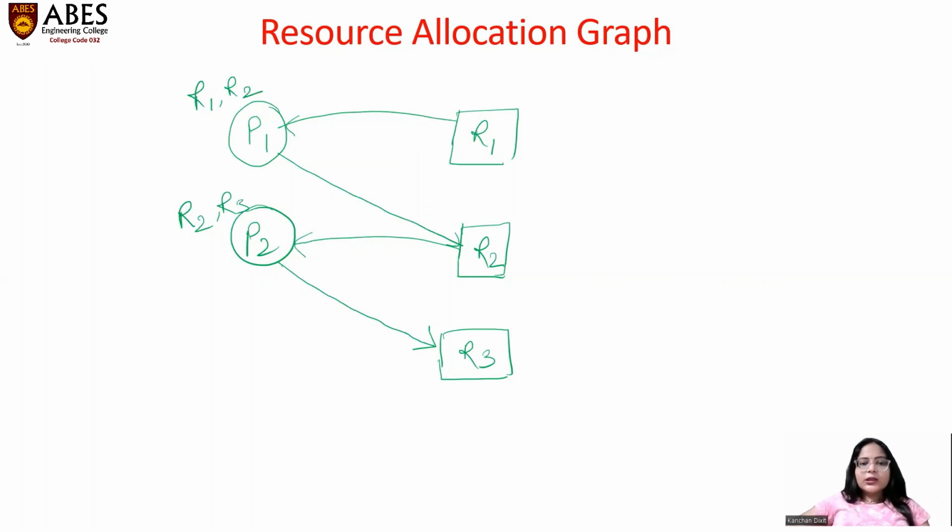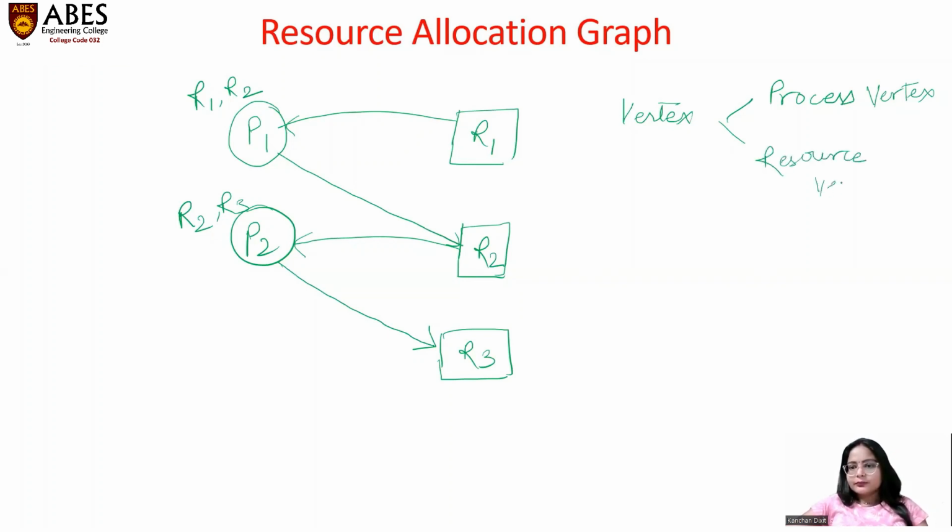In this we can see that a resource allocation graph has vertices in the form of process vertices and resource vertices. Process vertices are represented with circles and resource vertices are represented with squares or rectangles.